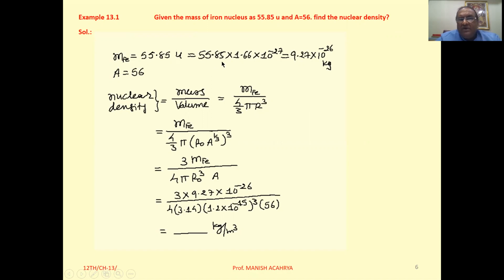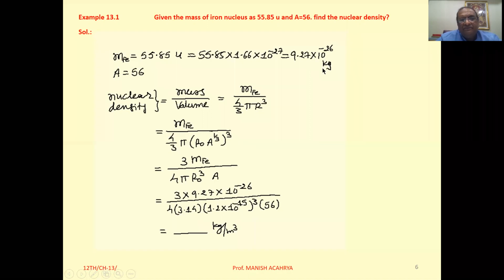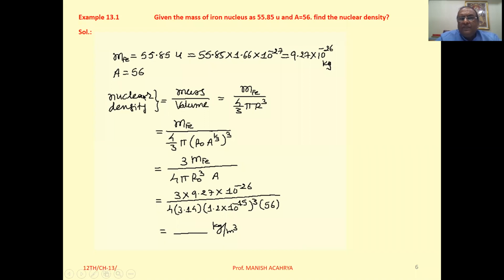So 55.85 into 1.66 into 10 raised to minus 27. Finally, you will get 9.27 into 10 raised to minus 26 kilogram. A is given to you, 56. Now we know density is mass upon volume. So nuclear density for iron is mass of Fe upon the volume of nuclei, that is 4 by 3 pi r cube.